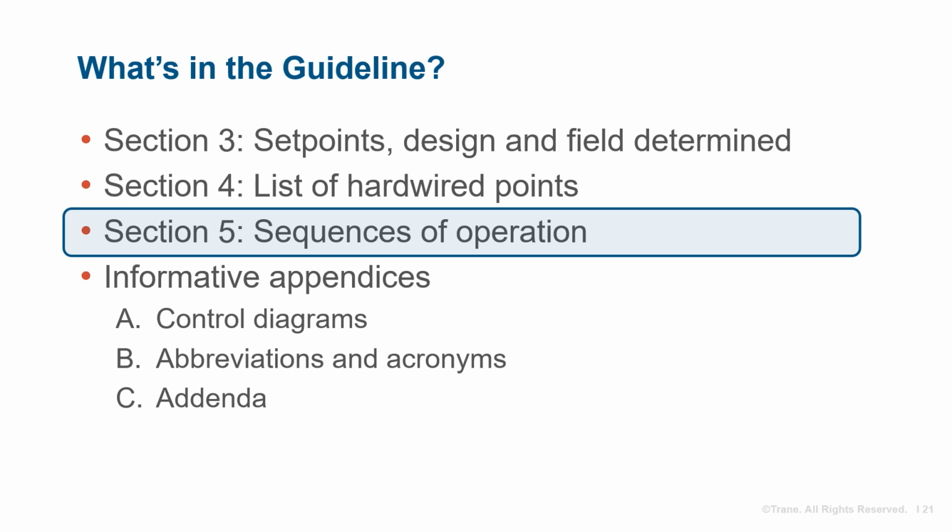In section 5, the sequences themselves are described. Now remember, this is a guideline, not a standard. The intent is to achieve the functional results. It's not a hard requirement that the implementations are used exactly, but if alternative logic is used, it should result in the same functional performance.